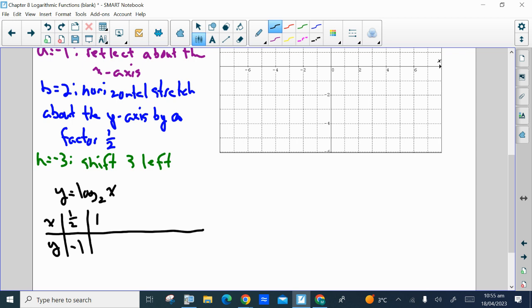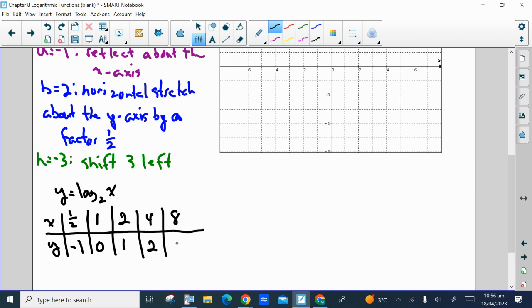I can let x equal 1. 2 to what power equals 1? Well, anything to the power 0 equals 1. I can let x equal 2. 2 to what power equals 2? 2 to the 1 equals 2. And I can let x equal 4. 2 to what power equals 4? Well, 2 to the power 2 equals 4. I can do one more if I want.